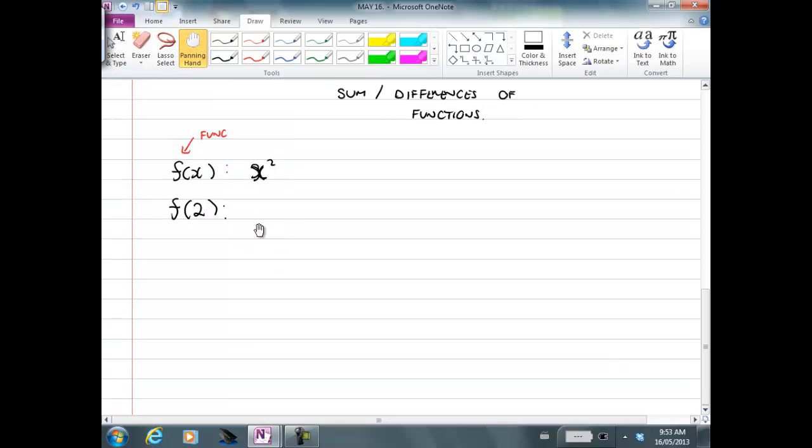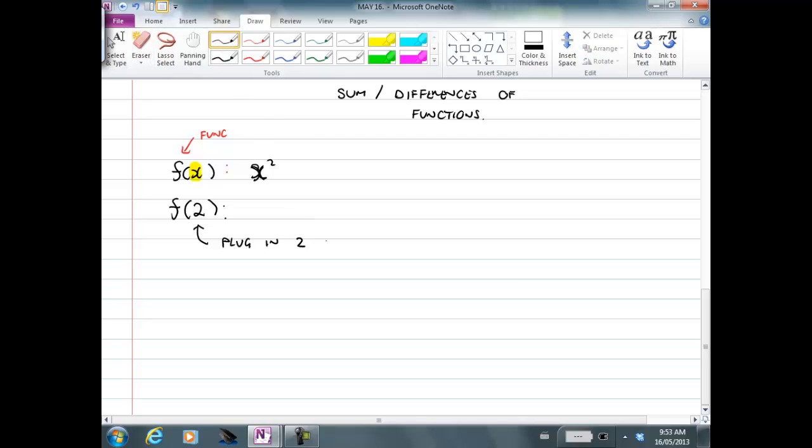Another word for f of x really is y. What we're going to do here is plug in. Notice this used to be x. Now they replaced x with the number 2. So plug in 2 for x.